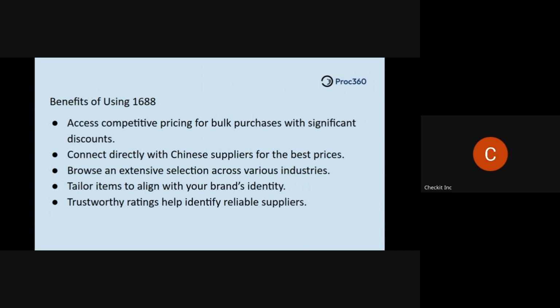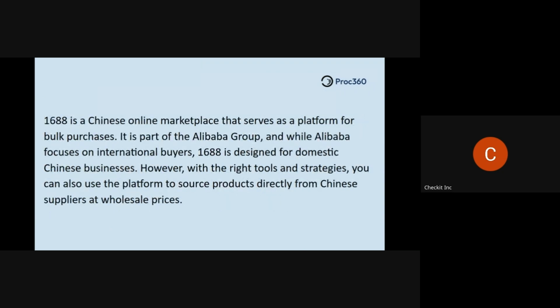So we all know what 1688 is, but I would just like to state it again. 1688 is a Chinese online marketplace that serves as a platform for bulk purchases. So if you're looking at buying a particular item in bulk, maybe 10 pieces, 20 pieces, you can still get lower MOQs. If you want to buy items in bulk, this is your plug. It is part of the Alibaba group.